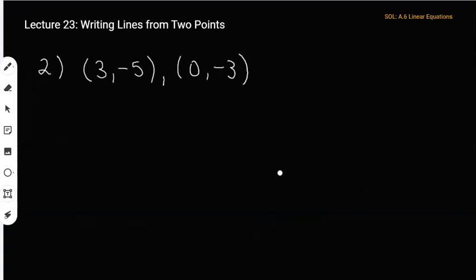So for these 2 points, what I want to use is the slope formula. I know that this is going to be x1, y1, and this is going to be x2, y2. So putting that inside the slope formula, I need to subtract the y's on top and subtract the x's on the bottom.